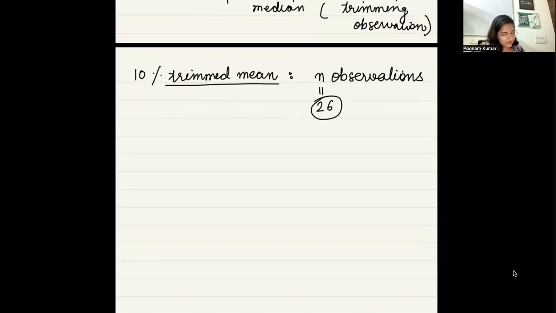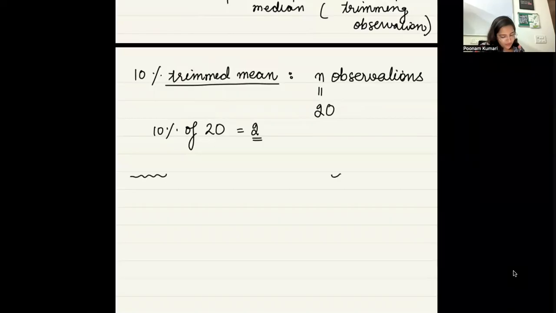Okay, I don't want to use this example right now. Let's say n is 20. So what is 10% of 20? 2. So whenever you put your data in ascending order, you have to remove the leftmost 2 points and the rightmost 2 points, and then find the mean of whatever data points are left.